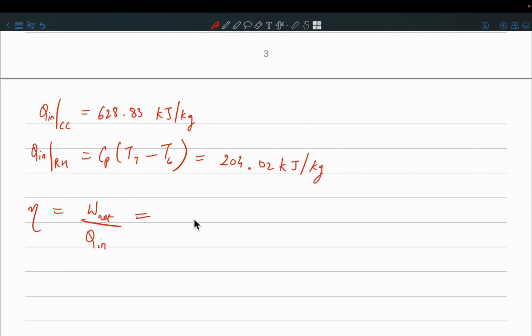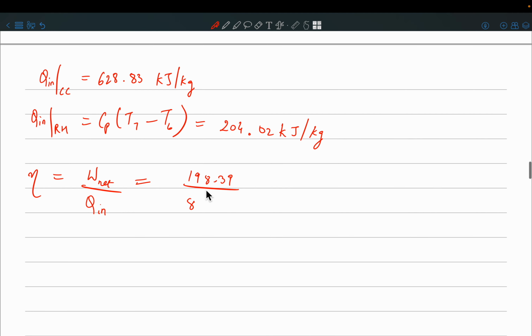We have already found the net work to be 198.39, and if you add up the total heat, it will be around 833. Both of them have the same units, the net work was also in kilojoules, so that is fine. So you find that the efficiency is about 0.24, so efficiency is like 24%.